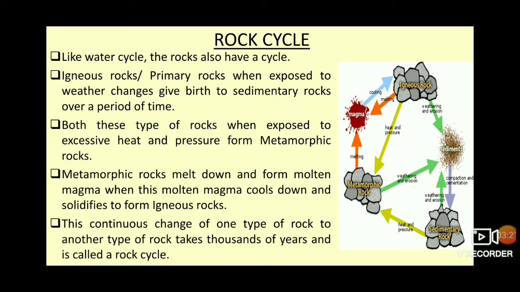Next, the leftover igneous rocks and the newly formed sedimentary rocks are subjected to intense heat and pressure, and they change into metamorphic rocks in due course of time. Next, the sedimentary and metamorphic rocks are buried again and melt to form magma. And this magma again cools down and forms igneous rocks.